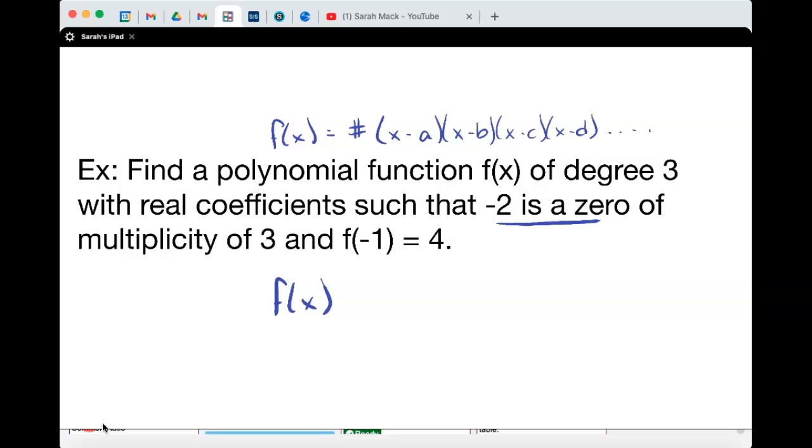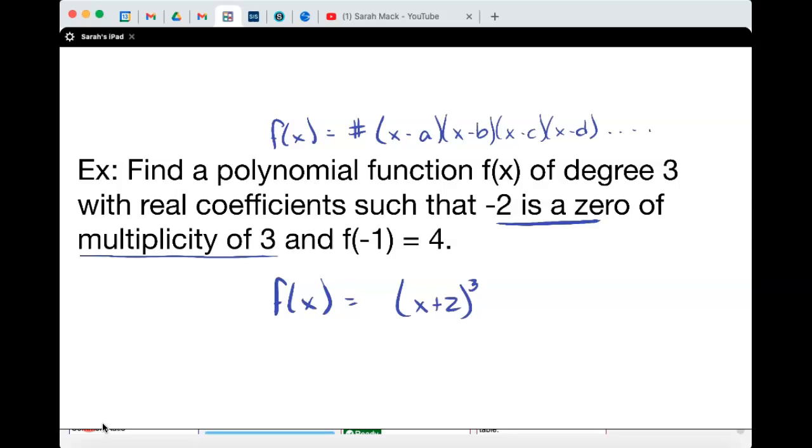Okay, so I know negative 2 is a zero. So how can I write that as a linear factor? x plus 2. And then it says it's a multiplicity of 3. So then this has to be raised to the third power to represent the multiplicity. Okay? So if they ask for just a possible polynomial function, I'd be done.